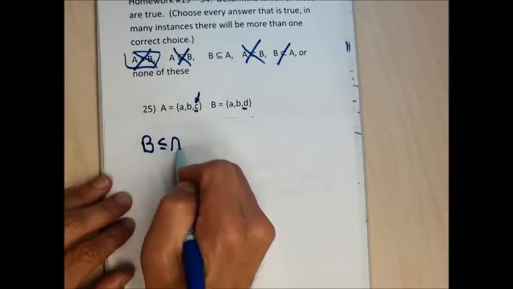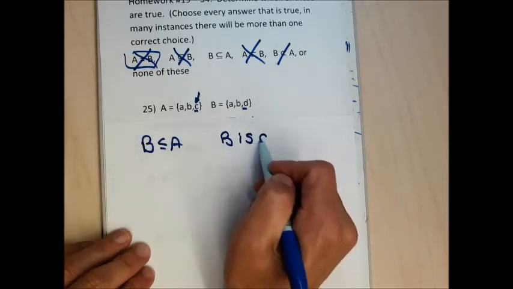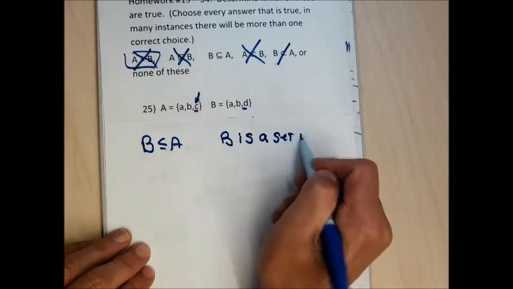For B to be a subset of A, B has to be a set, which it is. It's in the set braces.